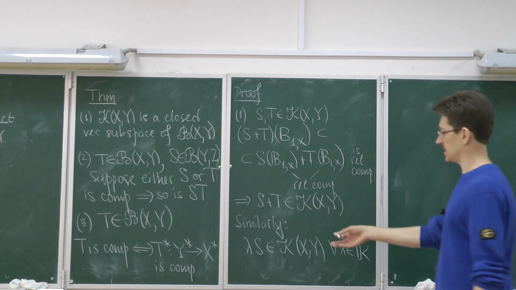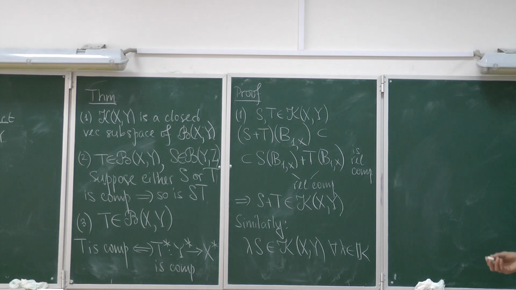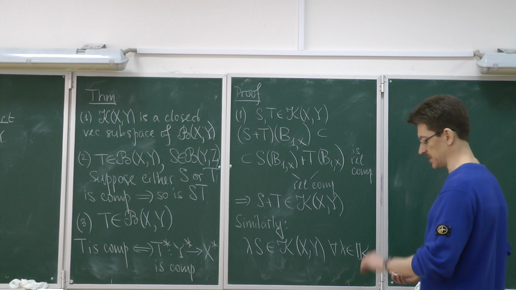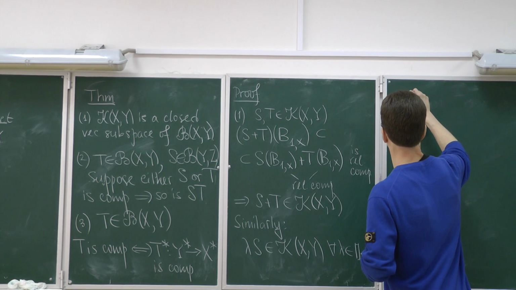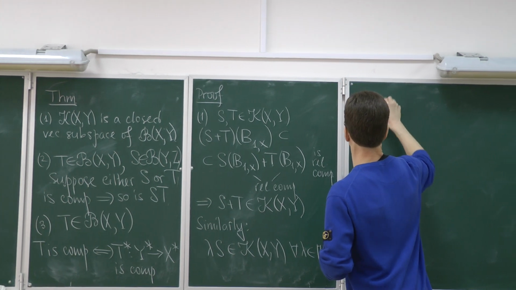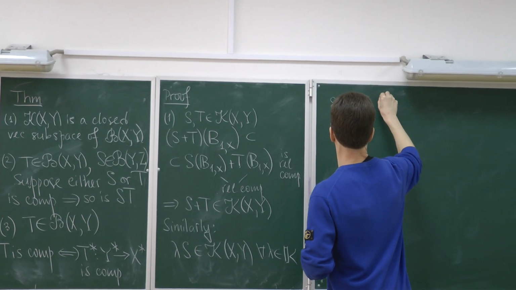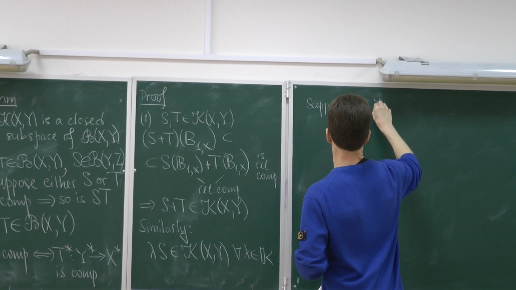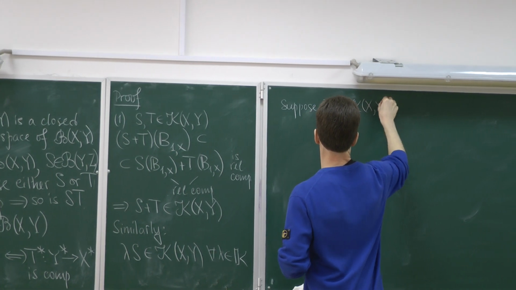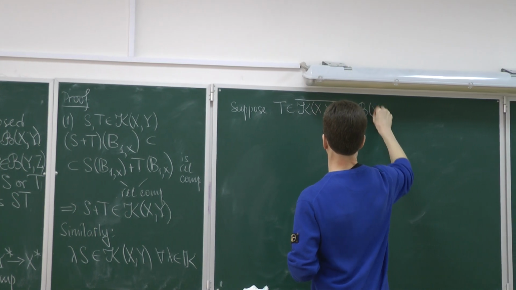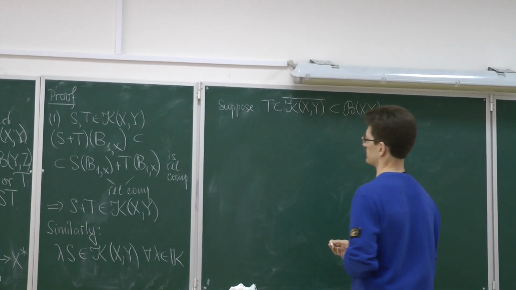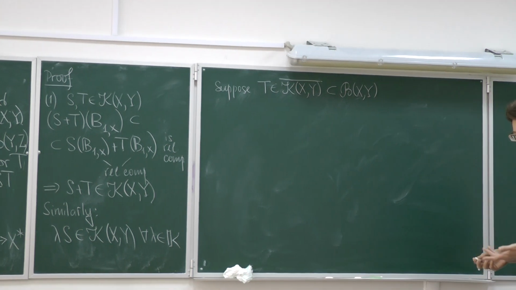So this shows that the set of compact operators is a vector subspace. Let's now show that this subspace is closed. So suppose that T sits in the closure of compact operators in the space of all bounded operators from X to Y. And we want to show that T is compact.